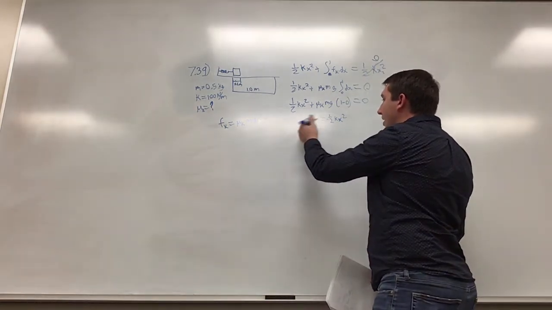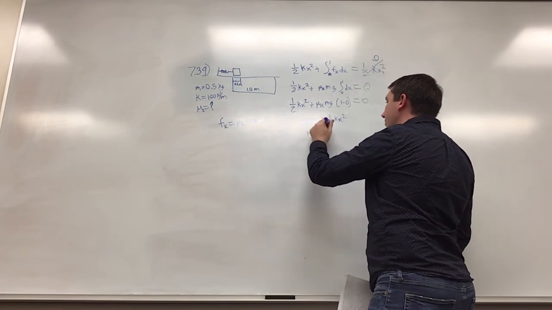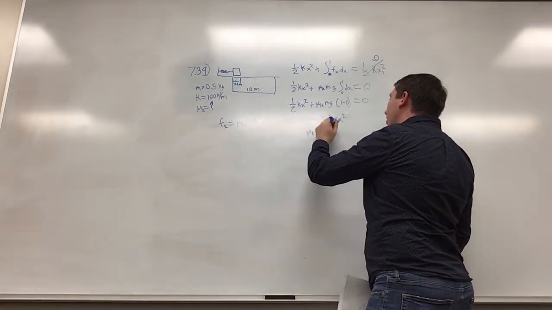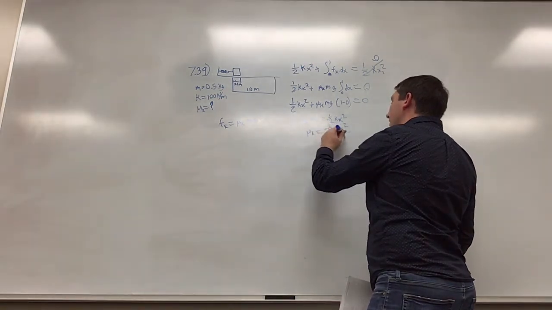We can then divide by the mass and gravity. So coefficient of kinetic friction is going to be equal to -1/2 kx squared divided by mass times gravity.